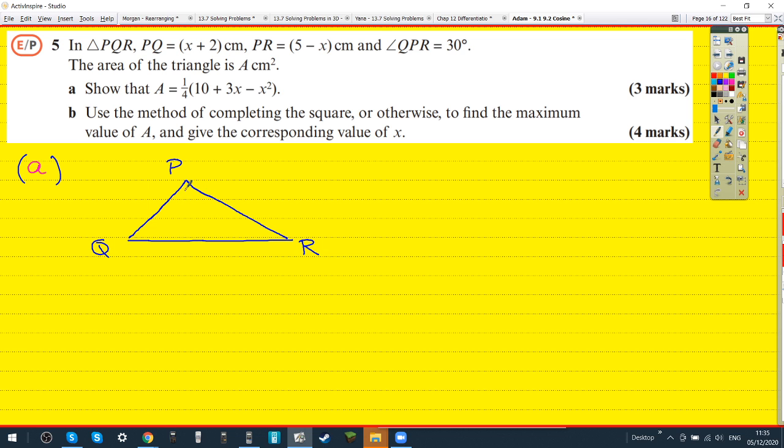Area. Oh yeah. Area equals. Okay, so A equals half times x plus 2, 5 minus x times sine 30. Mm-hmm. Okay.